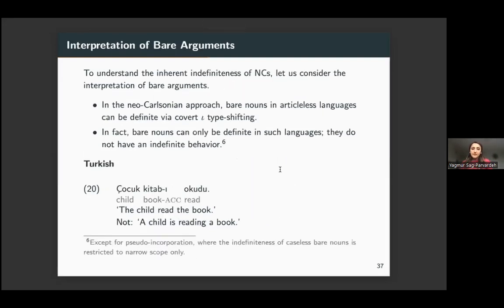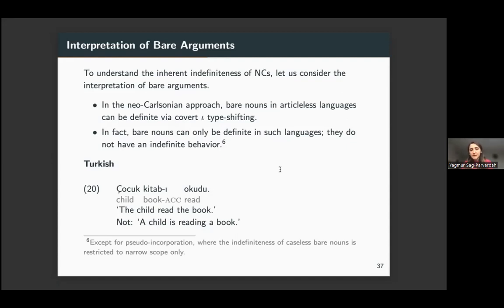To understand this inherent indefiniteness associated with numeral constructions, let's look at the interpretation of bare nouns for a second. In languages that do not have overt articles like Turkish, I told you that we are assuming that definiteness happens through covert iota type shifting. In fact, bare nouns can only be definite in such languages.